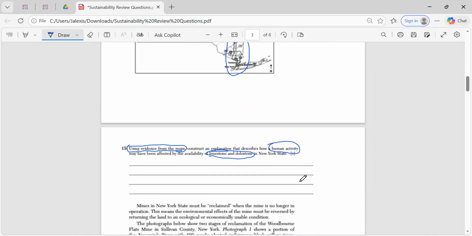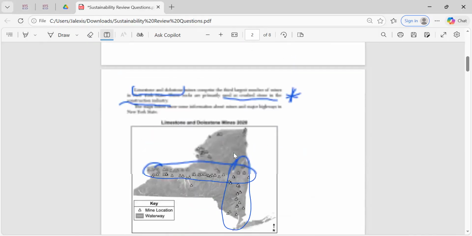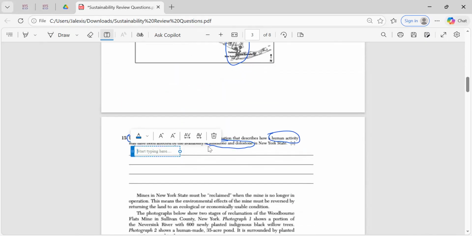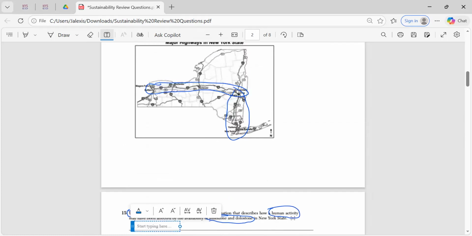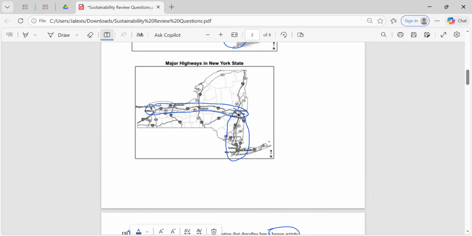So in my answer, I'm probably going to have to mention, number one, the use of limestone and dolostone. What did we see in the reading? Limestone and dolostone are used as crushed stone for construction. Then I've got to ask myself, construction of what?